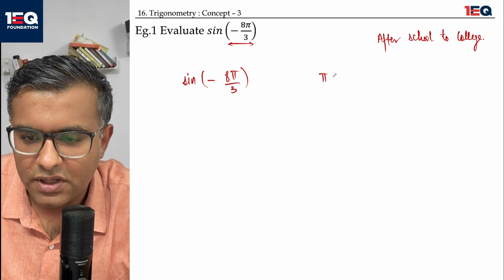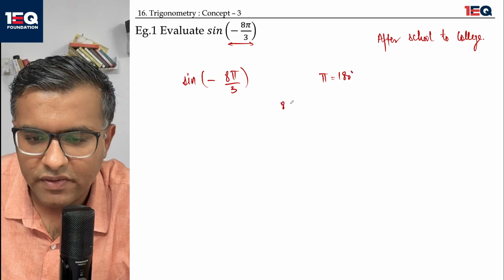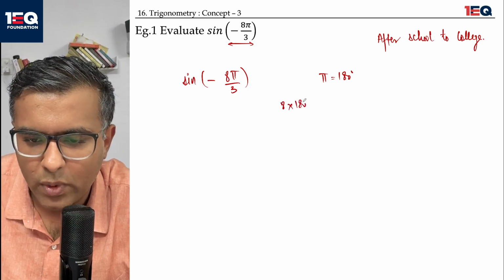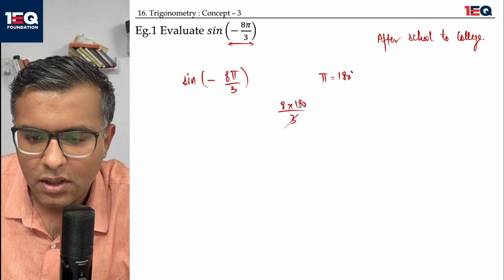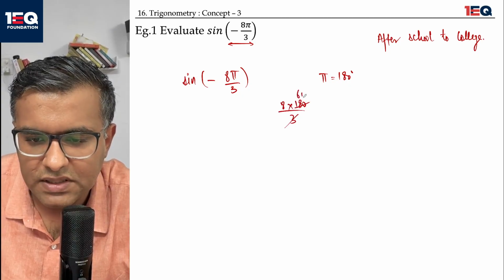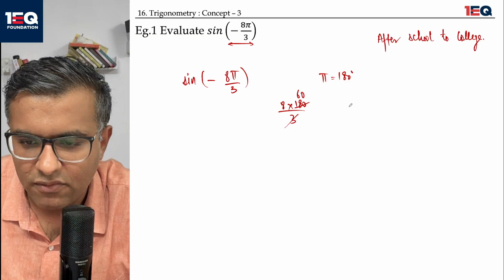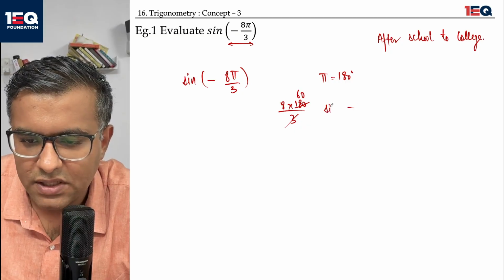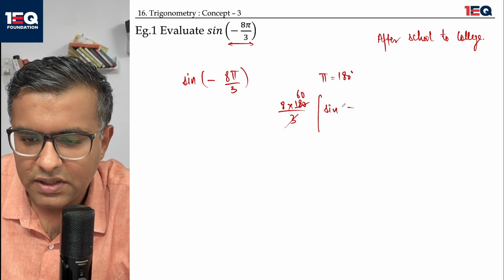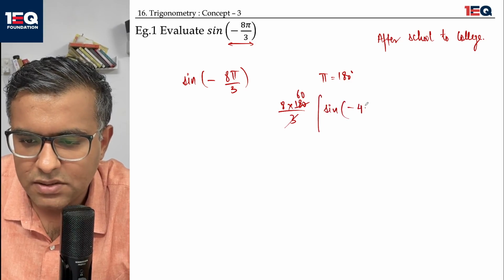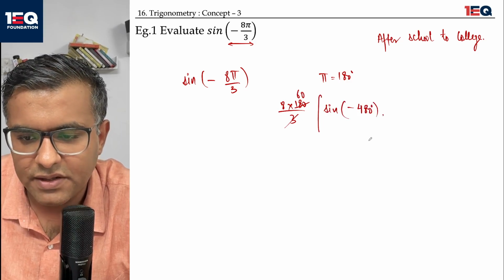We already know that the value of π is equal to 180 degrees. So when I multiply it by 8 and 180 degrees whole upon 3, I get the value, 3 sixes are 18 and 8 sixes are 48. So essentially what I'm looking for is sin(−480°).